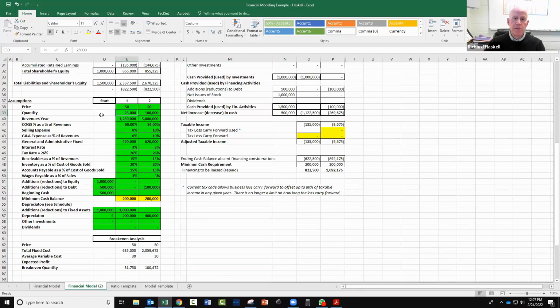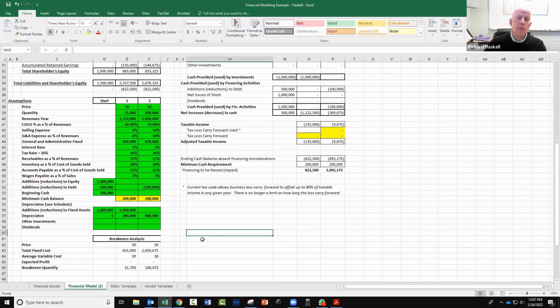It just depends on the kind of business you're working on and the level of detail that you need to provide and whether or not you're trying to put together a break-even analysis as I have down here in these cells. I would encourage you to put together a break-even analysis. I think anytime that you're trying to propose a business opportunity or idea to someone, even if it's a business that already exists, evidencing that you have a sense of how many units of output need to be created and sold in order for this business to be viable at either a break-even amount, so zero profit, or some targeted profit amount is critical.